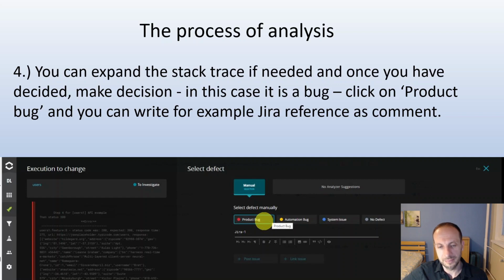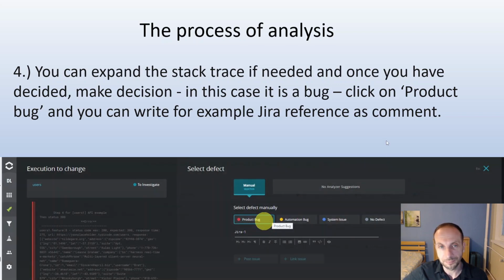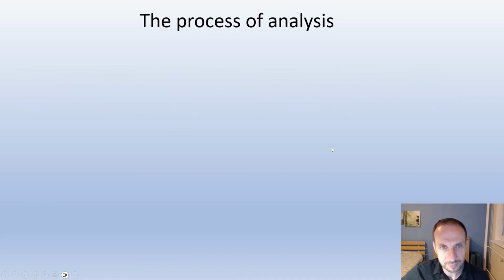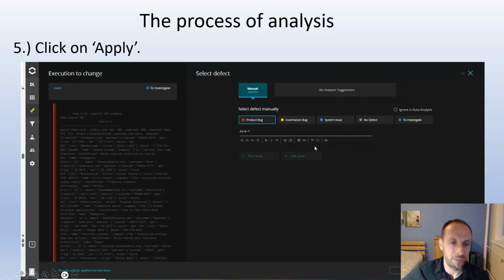In our case, let's say it's a product bug, so click on Product Bug, and below we can write some reference to know, for example, which Jira ticket will fix it. Once we have it, we click on Apply at the bottom. By this we tell Report Portal, we decided it's a product bug, please use the information in next runs.